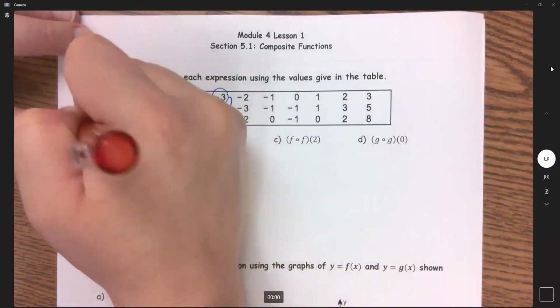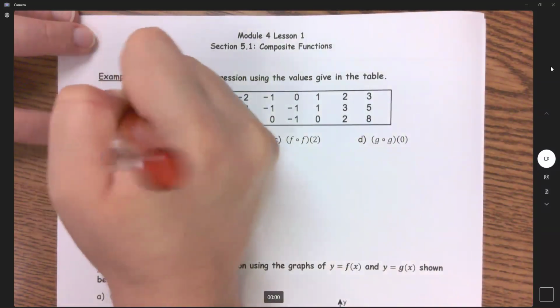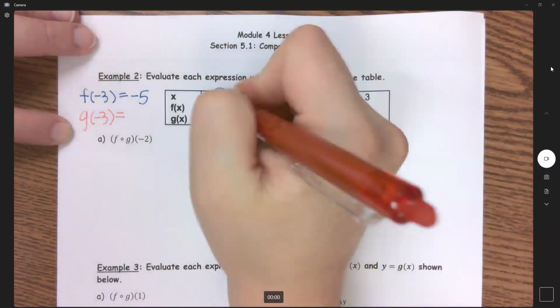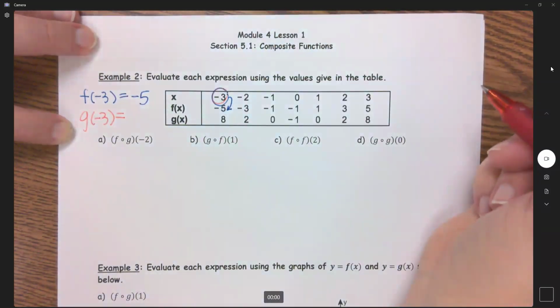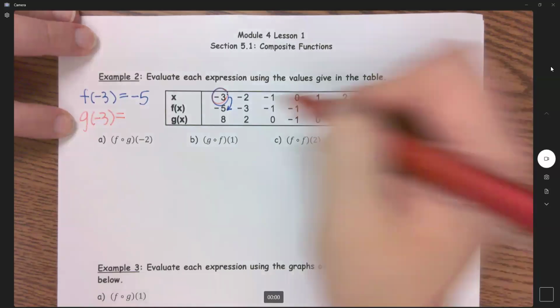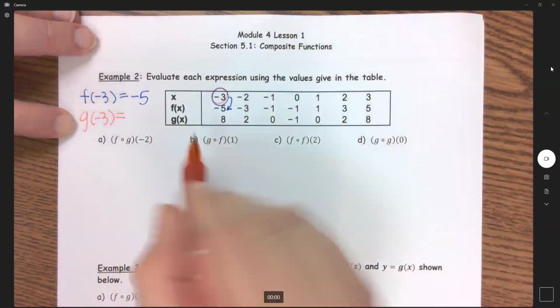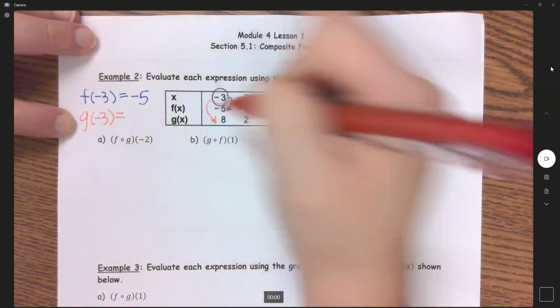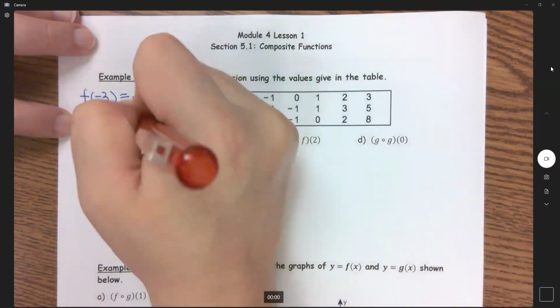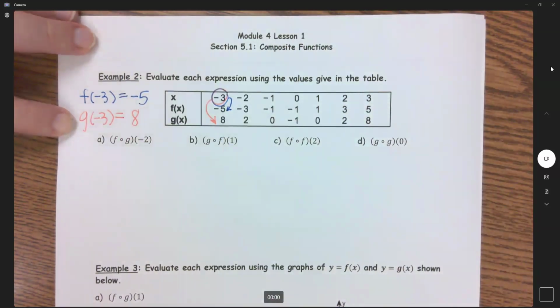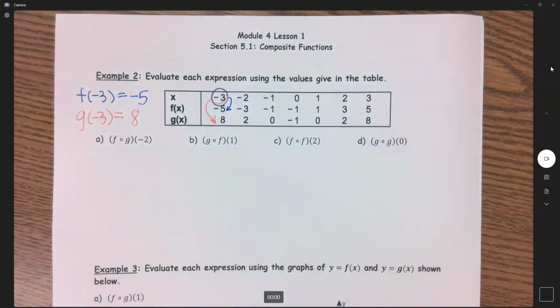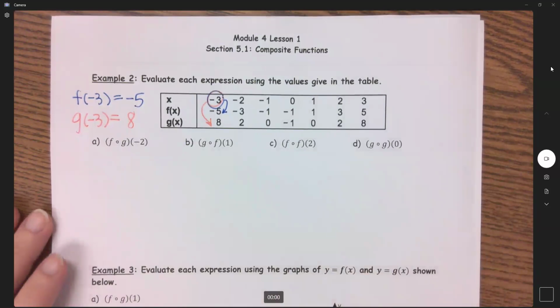Or if they wanted g of -3, my x still equals -3. But now because it's my g of x, I'm not going to go down to this middle row. I'm going to go down to the bottom row. And this one equals 8. Okay, so rewind that if you need to see that again, but that's what we're going to be doing for all of these here.